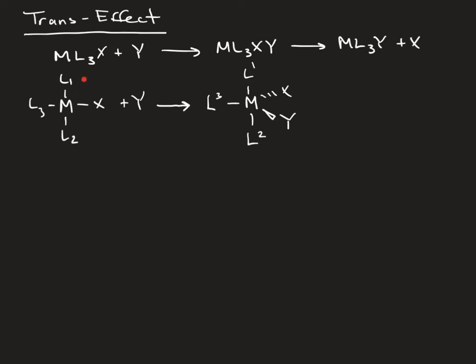So the L1 and L2 are remaining trans to each other, and the L3, the X, and the Y now form your equatorial plane in the trigonal bipyramidal species following the Berry pseudo-rotation. This then forms your substituted complex.